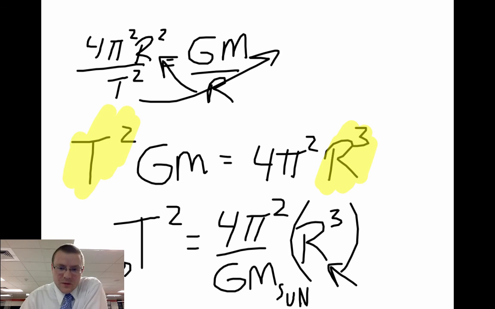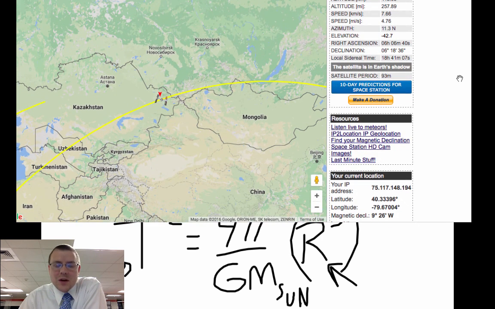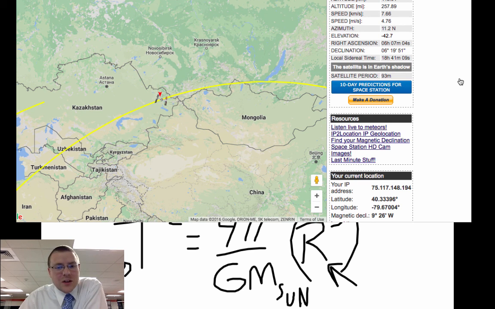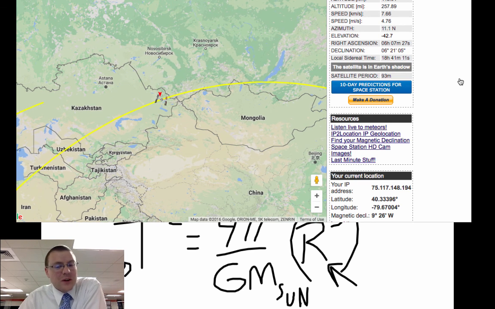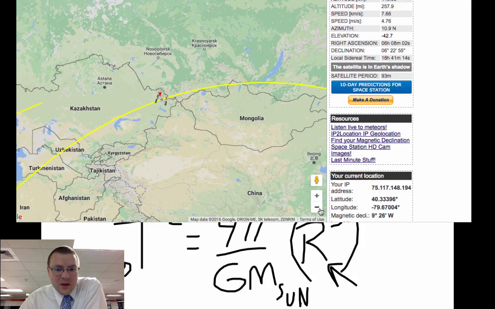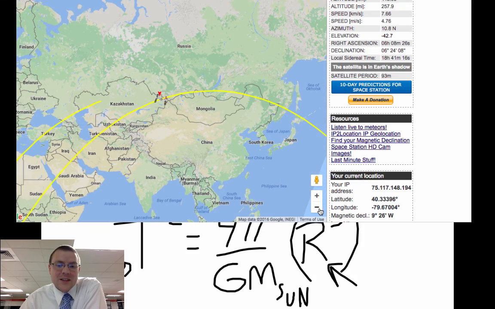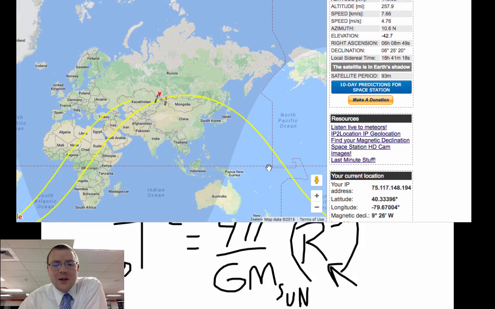If you put in the Earth as your mass there, it'll tell you where to specifically place an object and give you an exact time for that object to orbit. So this is exactly how they know that the space station takes about 90 minutes to make it back around to the same spot. So when you go outside and watch the space station fly over you, remember it is free fall, but they've already calculated that the distance it needs to be at gives it a 90-minute orbital time period.